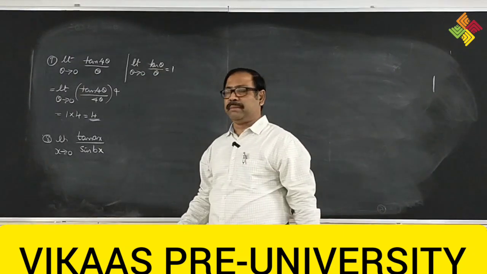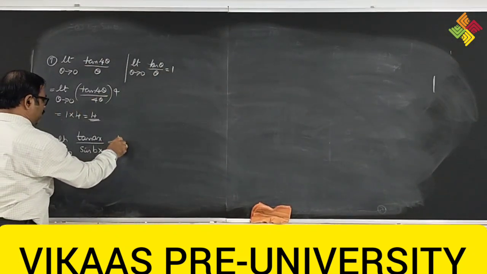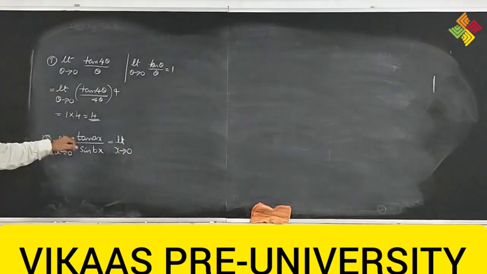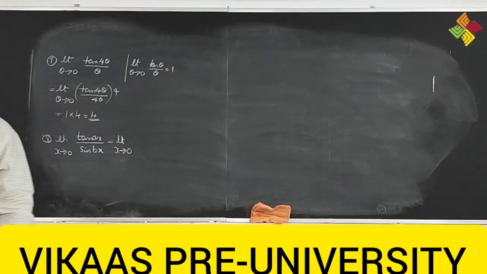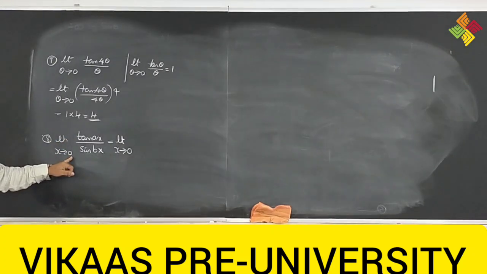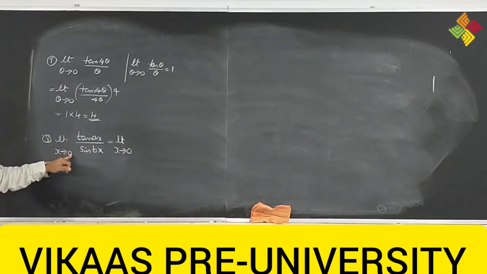Tan ax by sin bx. Is it in the general form? No. What is the general form? Limit x tending to 0 tan x by x.